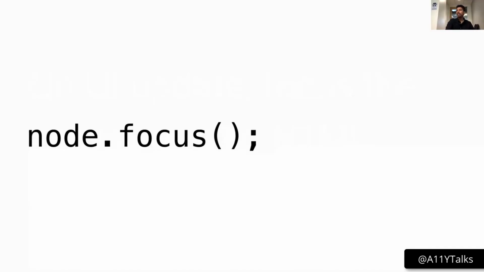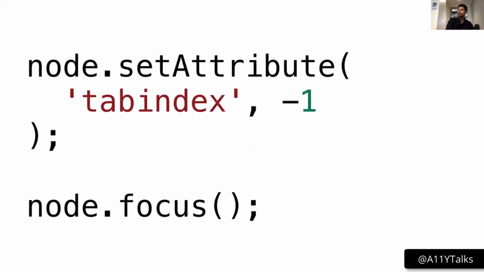So a focusable HTML element can be focused by JavaScript by invoking the focus method on it. However, if that HTML element is a non-focusable one, like div, a tabindex -1 attribute is needed. tabindex -1 makes any element focusable via only JavaScript, and it takes it out from the natural tab order.